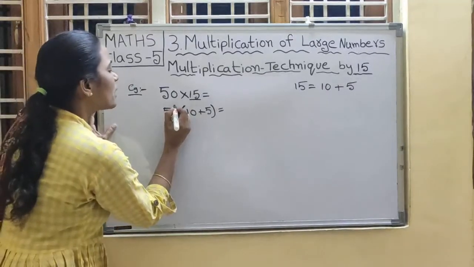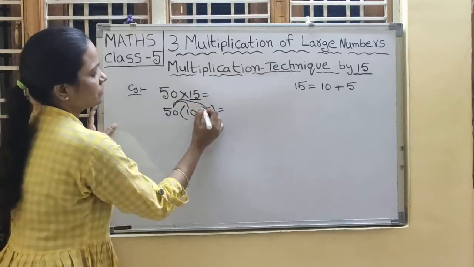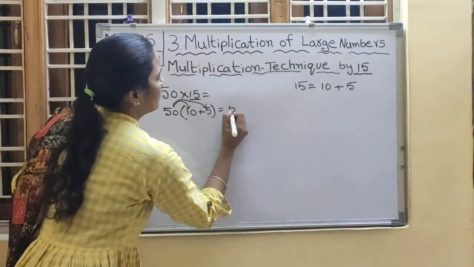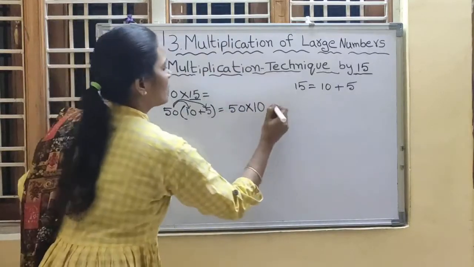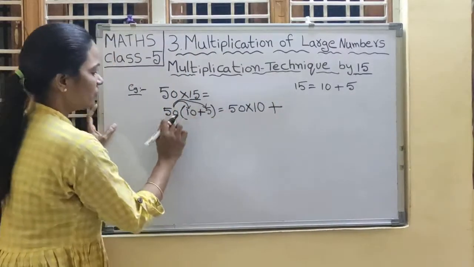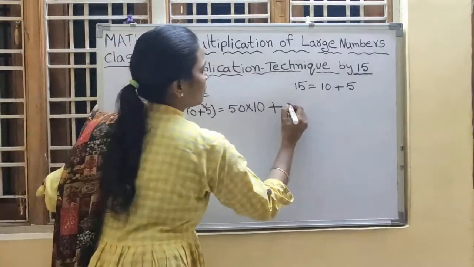Now 50 should be multiplied by 10 and again the 50 should be multiplied by 5 also. So first 50 into 10, plus, here what is the symbol? Plus. 50 into 10 plus again 50 into 5.